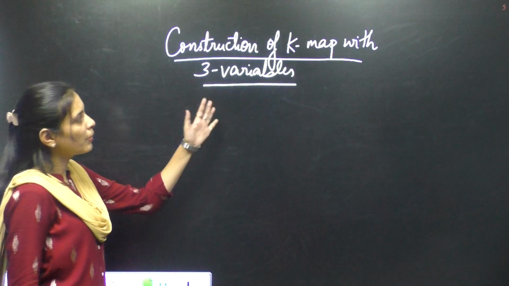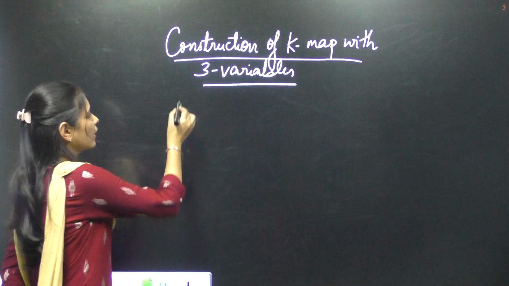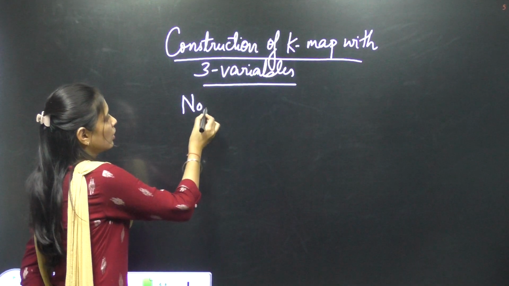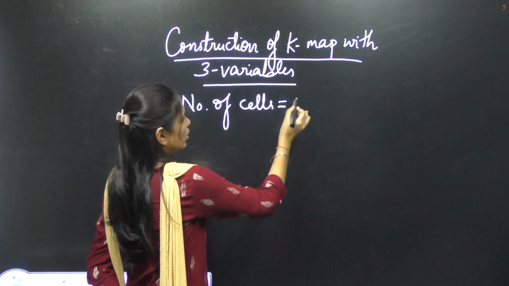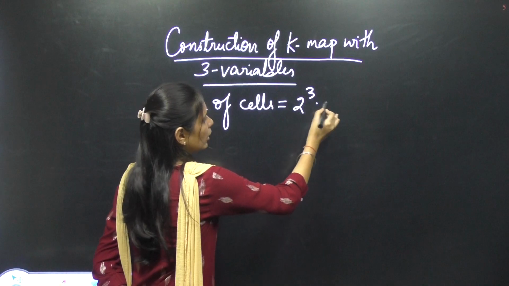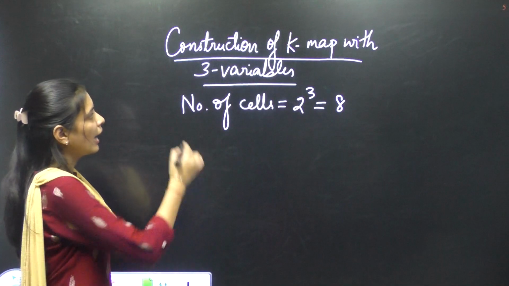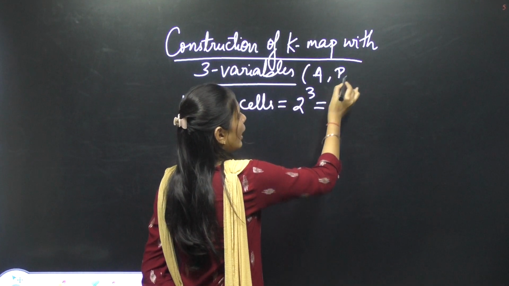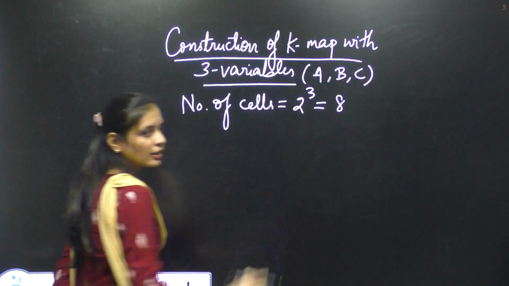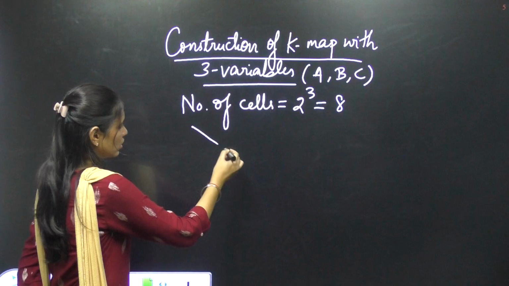Let us find the number of cells when n is 3. If n is 3, then the number of cells will be 2 to the power 3, which is equal to 8. I will have 8 cells, with the 3 variables A, B and C. So to construct the 3 variable K-map, I will first draw 8 cells.